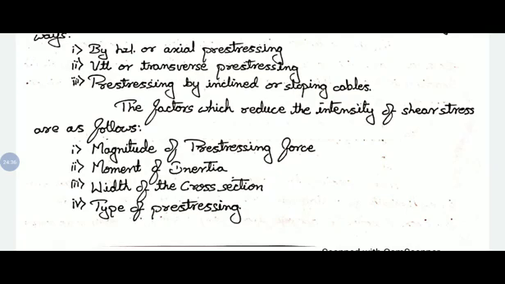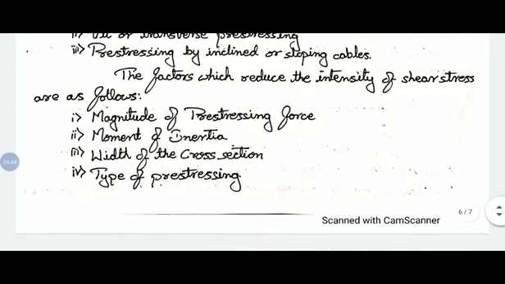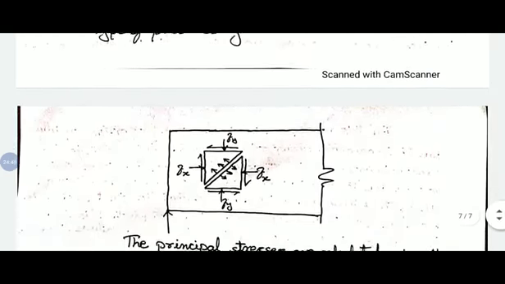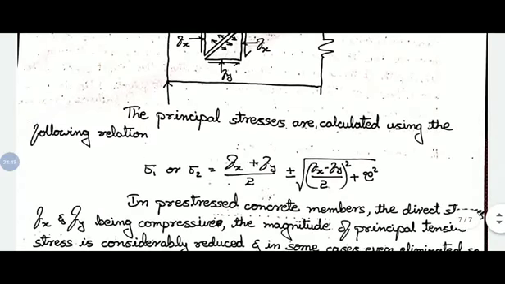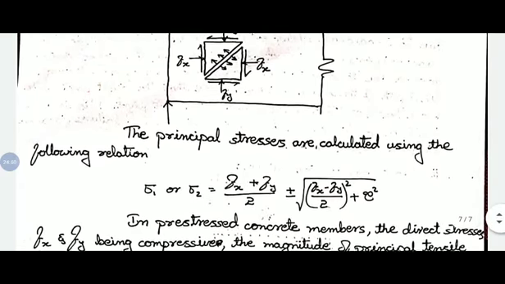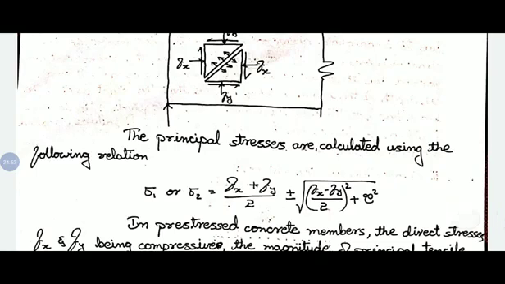It also depends on the shear strength of the member.